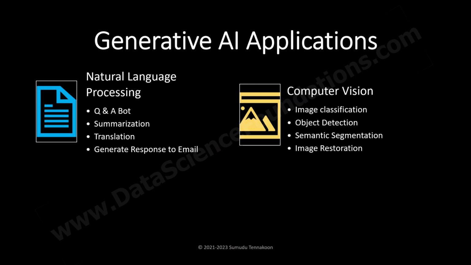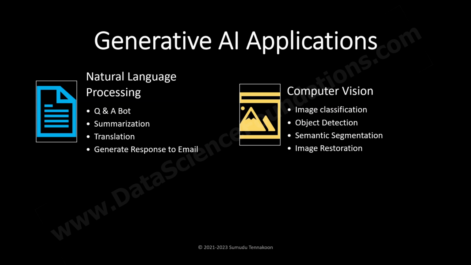The next modality is vision or the image modality. So you can do various computer vision tasks applying generative AI models. You can perform image classification, object detection, which is identifying objects in an image, and semantic segmentation, identifying regions of the image that belong to specific objects or specific entities.